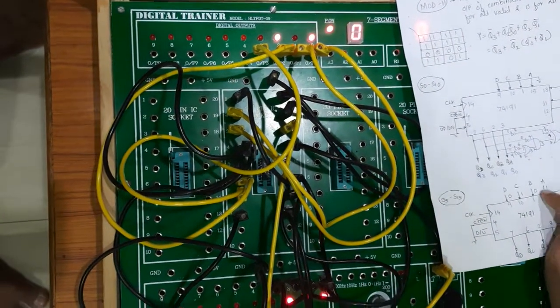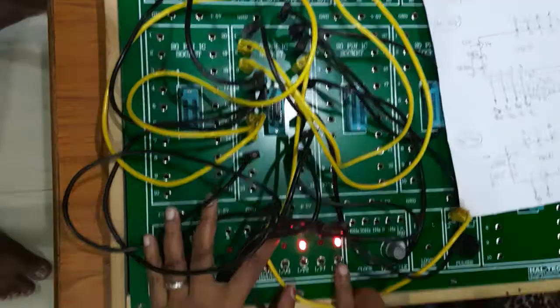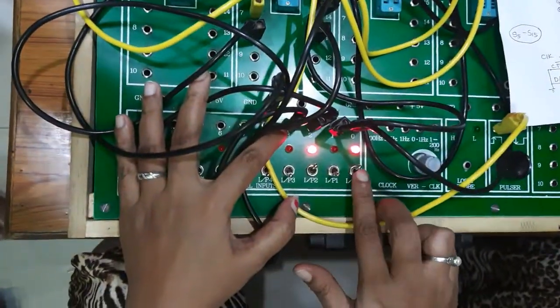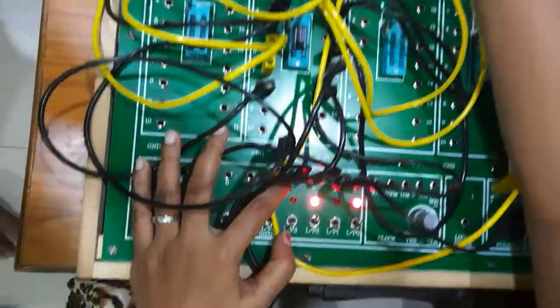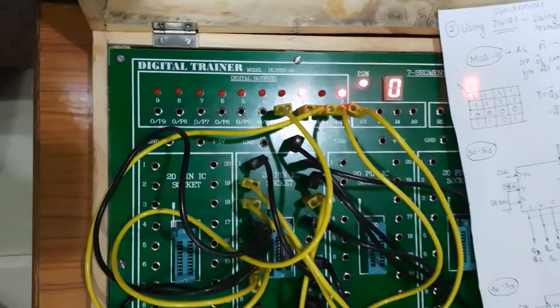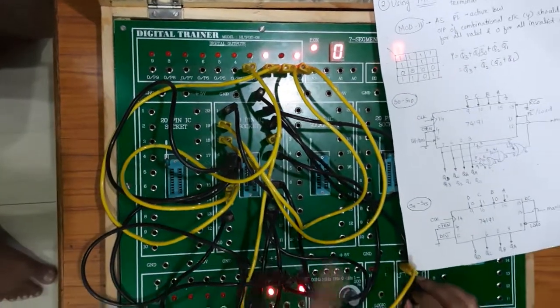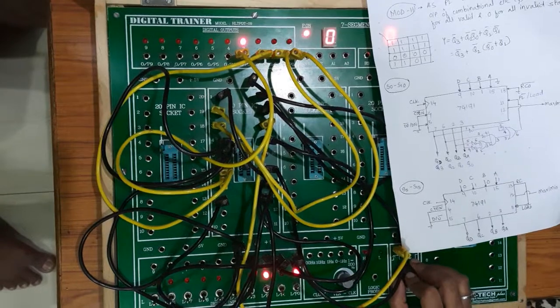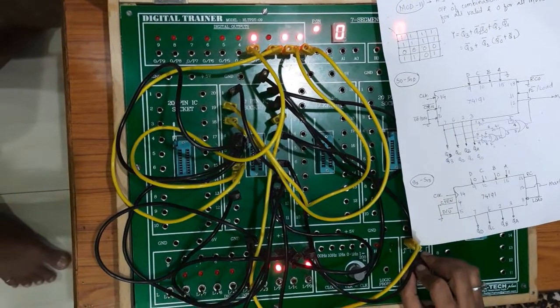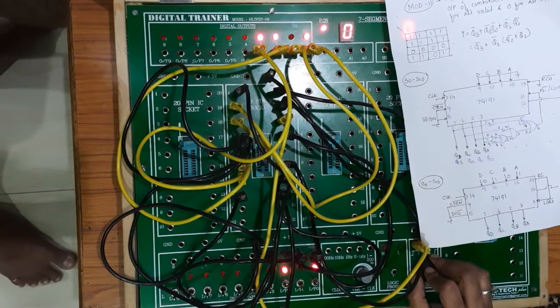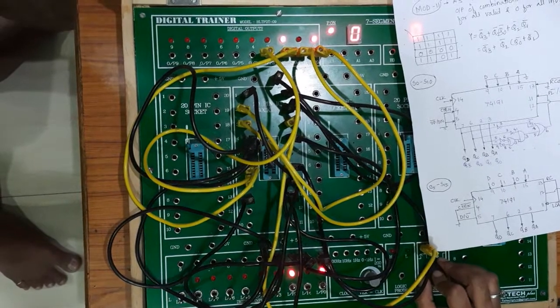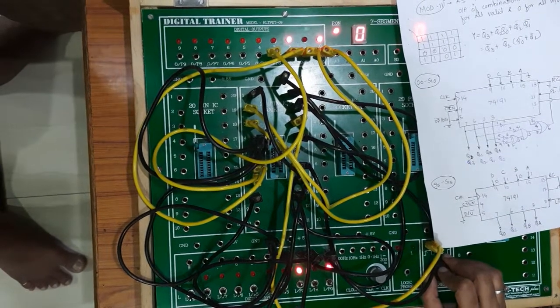So as I said, ABCD, these are the inputs. Those are connected with this ABCD 0, 1, 2, 3, and these are the outputs. So it should start from 5 to 15. Okay. So it is 5, 6, 7, 8, 9, 10, 11, 12, 13, 14, 15. Again it goes back to 5.